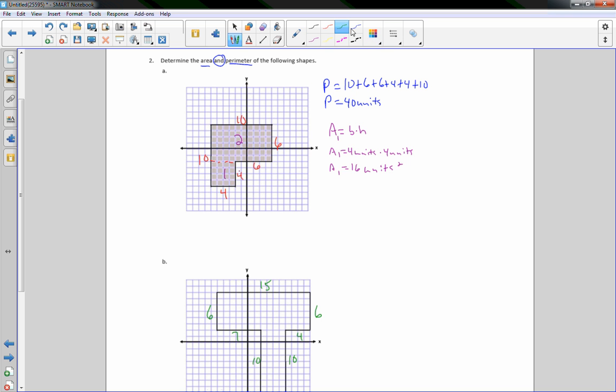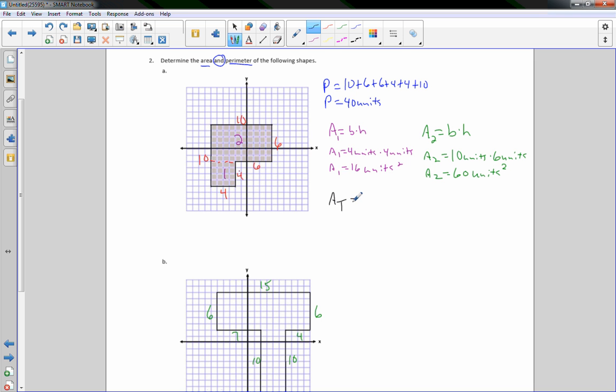Okay, area 2 is a rectangle, so it's base times height as well. Area 2 is going to equal the base, which is 10, and the height, which is 6. So it's 10 units times 6 units. So area 2 equals 60 units squared.